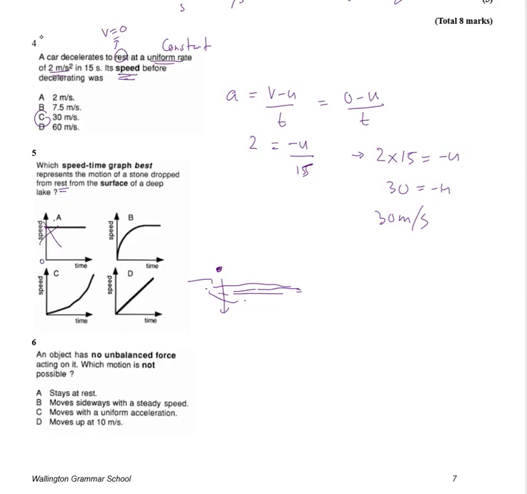Now let's keep going. Dropped at rest. What will happen? Remember the graph for terminal velocity when we drop stuff. It will go faster, and then it will start to slow down and then reach terminal velocity. Which of these graphs is showing that? It's not this one. It's not this one.